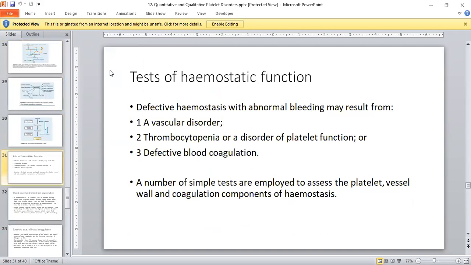So when we go to tests of hemostatic function, defective hemostasis with abnormal bleeding may be due to a vascular disorder, or it can be due to thrombocytopenia, that's a reduction of platelets, or a disorder of platelet function, or defective blood coagulation.